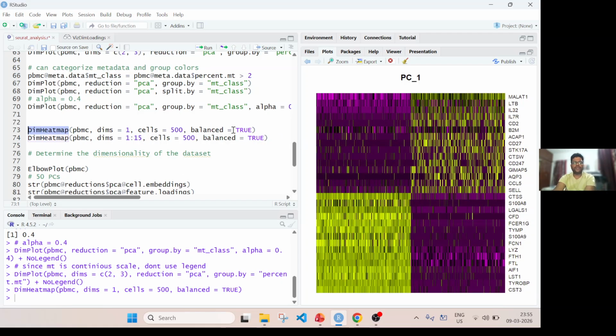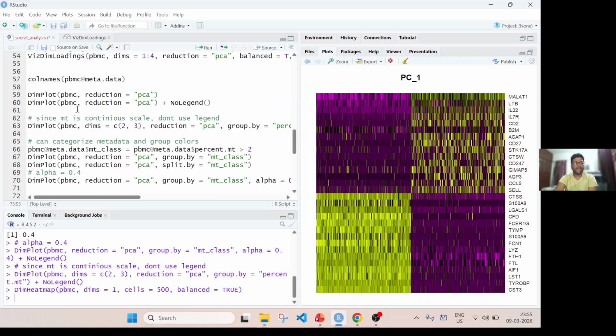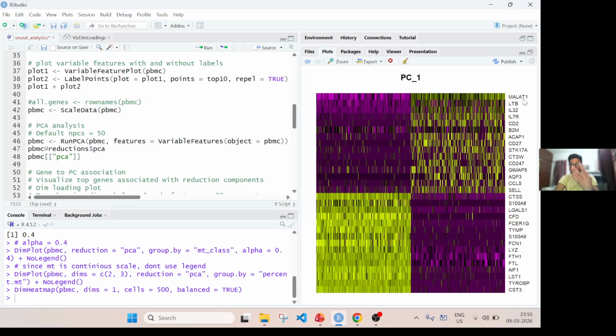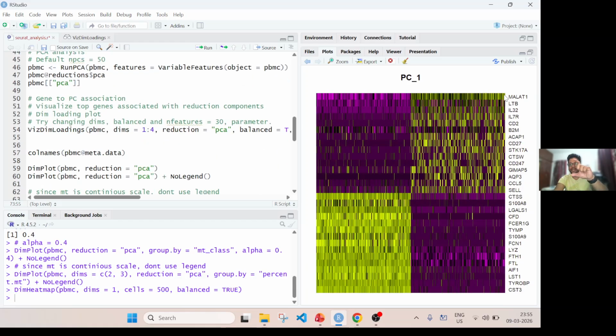When I say balanced equal to true, if you remember, it means which genes are positively correlated and which genes are negatively correlated. With respect to those, let's say 30, 15 positive and 15 negative, how the cells are clustered. Now you can see that for these genes, these cells are yellow, meaning high expression, but those cells have low expression.